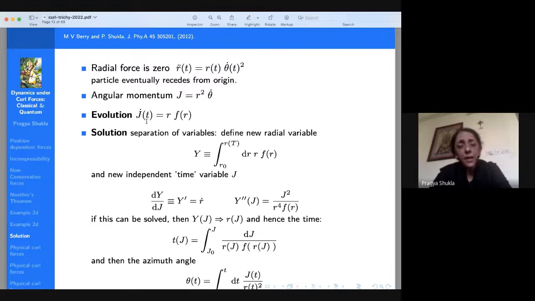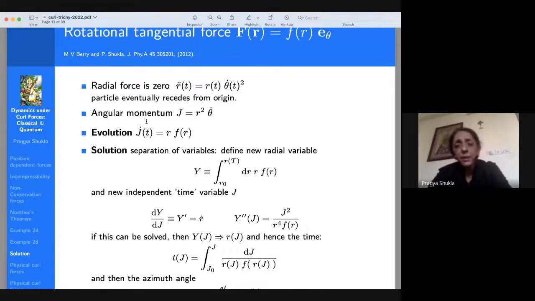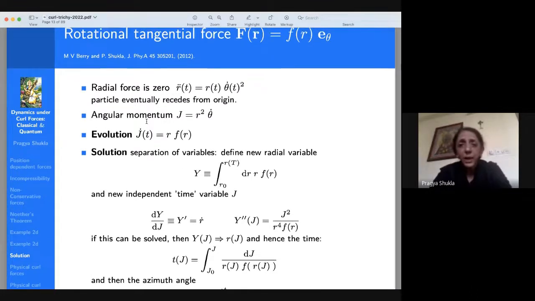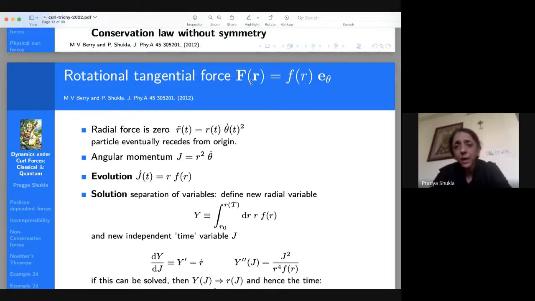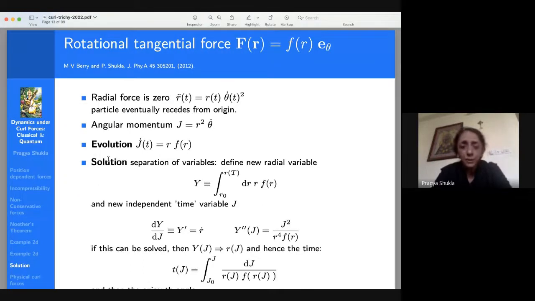So the rate of change of angular momentum is given by the torque, and torque you can calculate from here, r cross F, because r cross theta will give you r F r. So this is the angular momentum. And the question is, now you solve this equation, because this is now a Newton's law kind of equation. You solve this equation and work out the dynamics of this system.